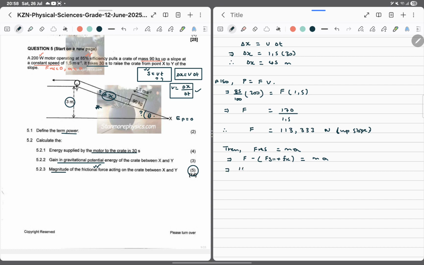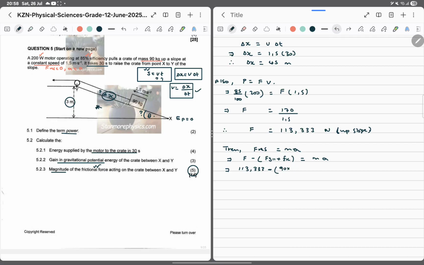Now we know the force is 113,33 minus FG parallel, which is going to be 90.